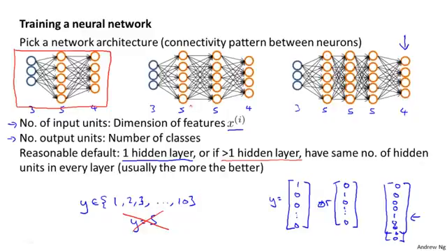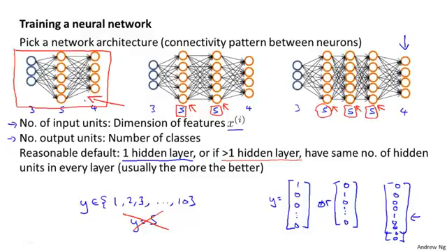So here we have 2 hidden layers, and each of these hidden layers has the same number, 5, of hidden units, and here we have 3 hidden layers, and each of them has the same number, that is 5 hidden units. But the network architecture on the left would be a perfectly reasonable default.